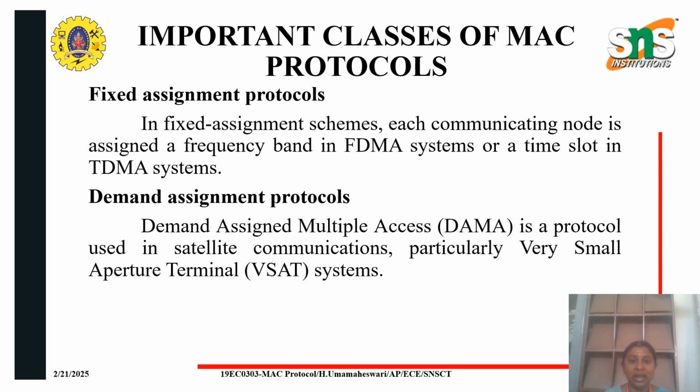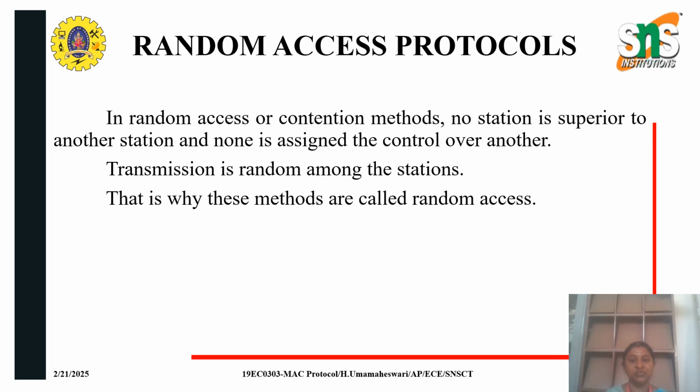Next is the demand assignment protocol, where demand assigned multiple access is a protocol used in satellite communications, particularly very small aperture terminal systems. The next one is random access protocols. In random access or contention methods, no station is superior to another station and none is assigned control over another. So the transmission is random among the stations. That is why these methods are called random access.